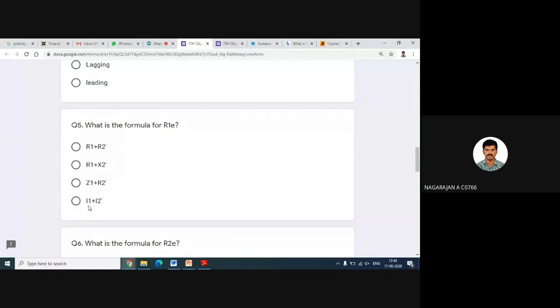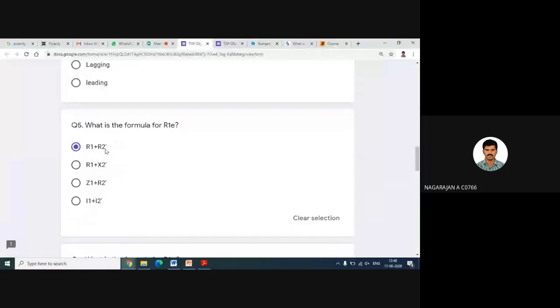I1 and I2, obviously this will not be the answer. E stands for equivalent resistance, 1 stands for referred to primary. So primary terms will be as it is, R1. Secondary term will be given with dash, R2 dash. So first one will be the answer. Yes, right. Many of you are answering correctly.